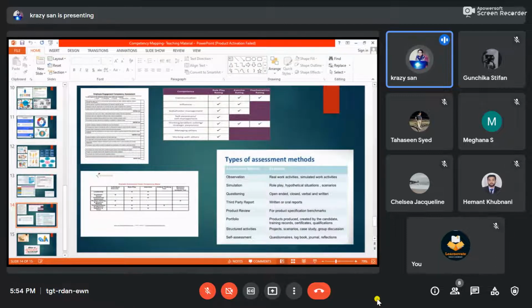Things like observations, how good the employees are at helping out with the real work activities, simulations, and work activities. Then come the simulations, where hypothetical situations are thrown to the employees, and those are set up in a way that lets them be open.